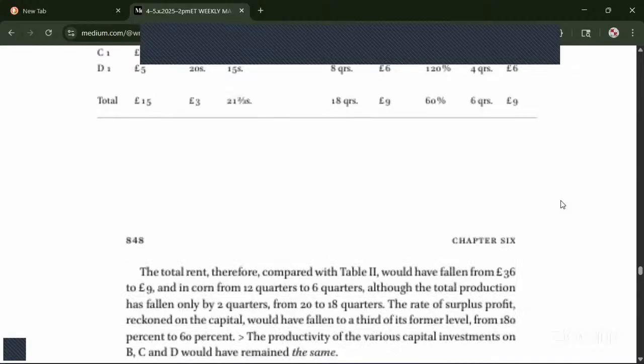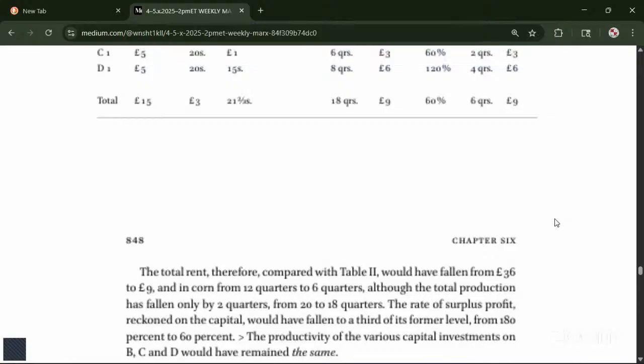The total rent, page 848, compared with table 2, would therefore have fallen from 36 pounds to 9 pounds, and in corn from 12 quarters to 6 quarters, although the total production has fallen only by 2 quarters, from 20 to 18. The rate of surplus profit reckoned on the capital would have fallen to 1/3 of its former level, from 180% to 60%.